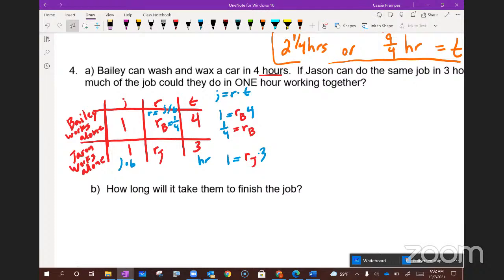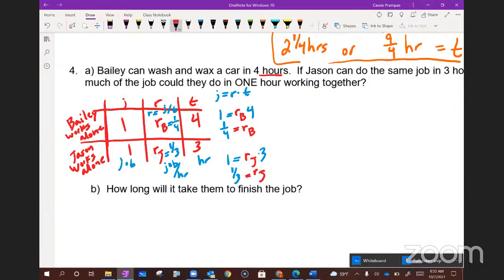Did I say that right? Sorry, my kids distracted me. So one job in 3 hours. So the rate of Jason would be found by dividing 1 by 3. So the rate of Jason is going to equal 1/3 of the job per hour. So 1/3. And we know that we're working with job per hour. Okay, this is working alone.